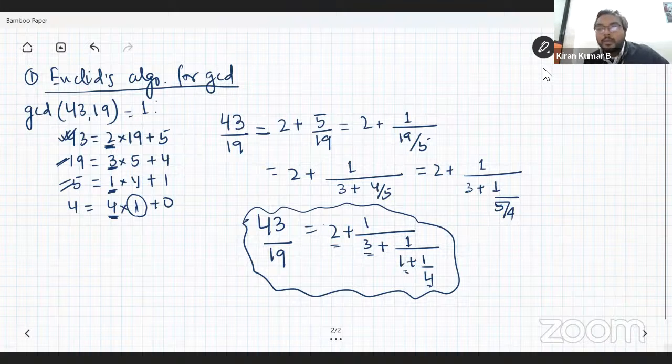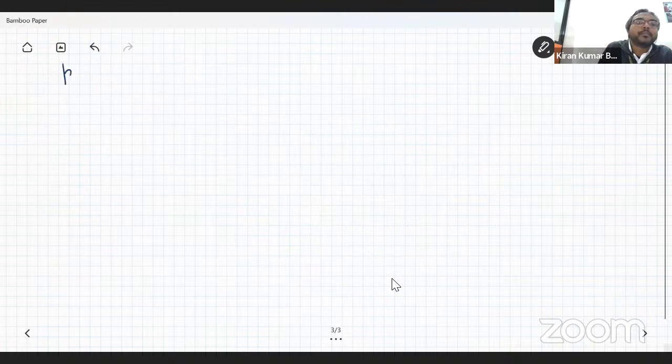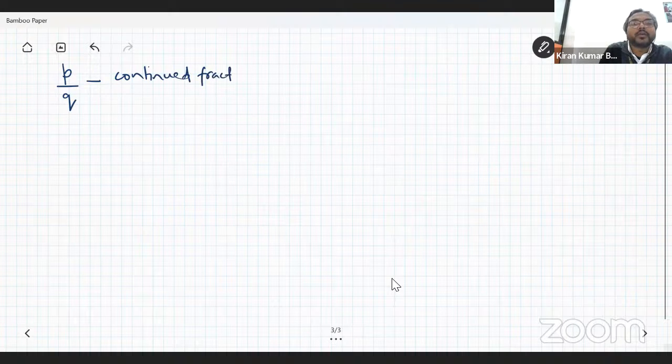So now, how does this help? It became a test for rationality. If you consider a rational number of this form, p by q, and convert it into a continued fraction using Euclid's algorithm, it always terminates.